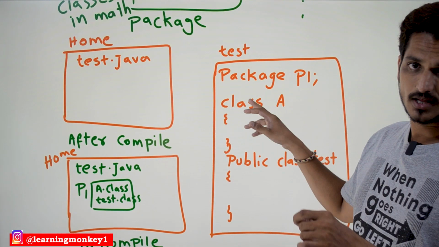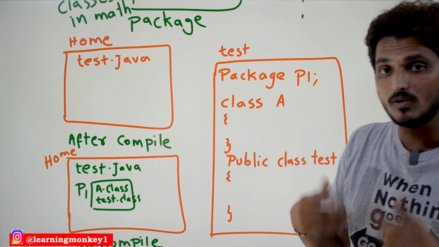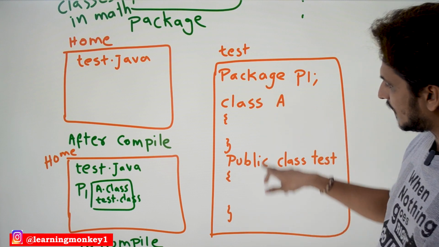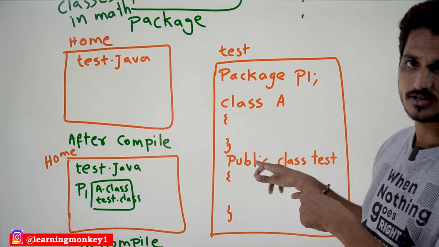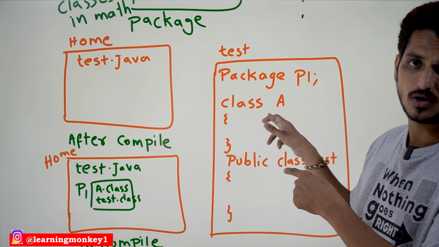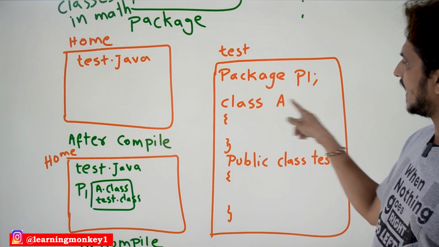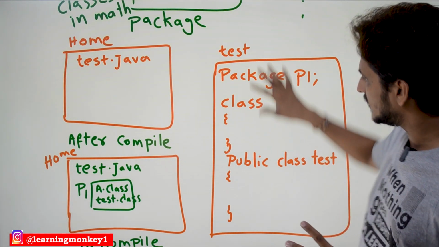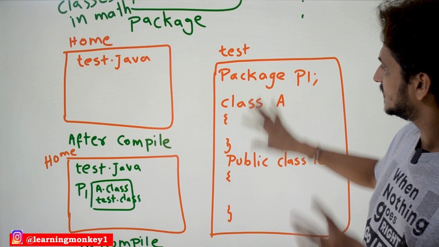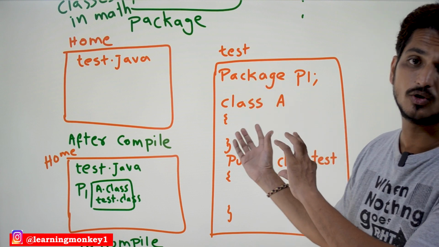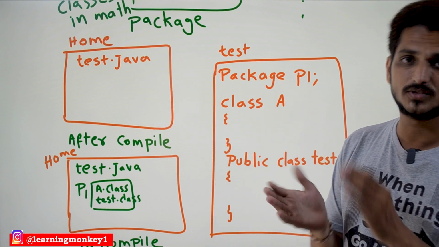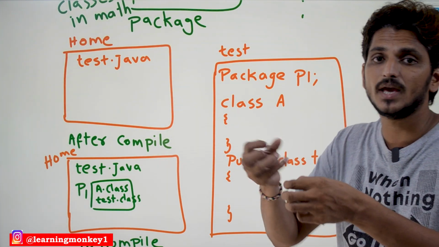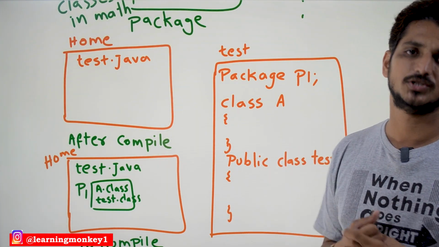So what will be placed in that folder? That should be understood. Whenever you compile this code, how many classes do we have in this code? In this test.java, class A and public class test. Two classes are there. Once you compile this code, this high level language is converted to object code, so that the object code can be executed on the Java virtual machine.